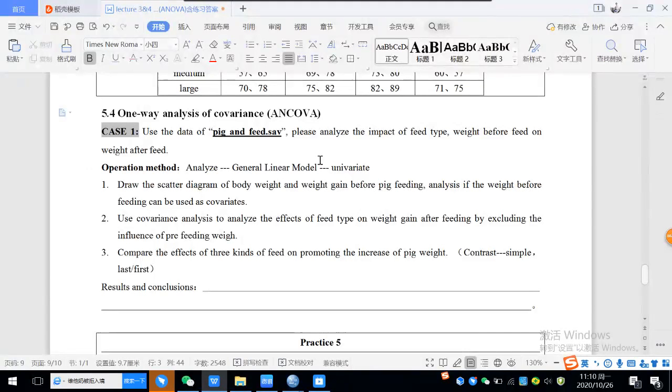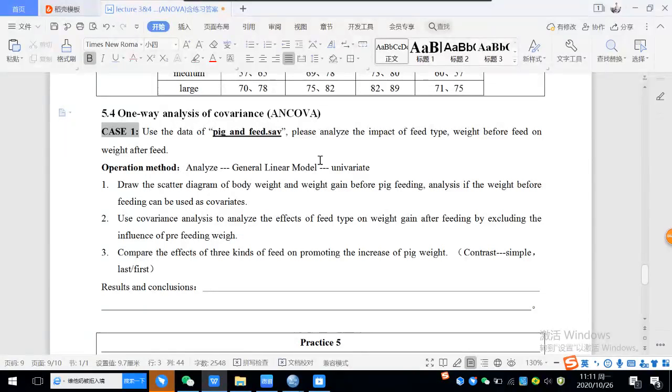We want to analyze if the feed type has a significant impact on the weight after feed. This time we think that besides the feed type, maybe the weight before feed will have an impact on the weight after feed, right?